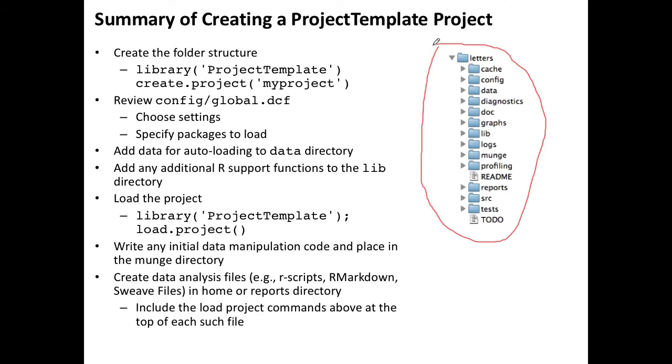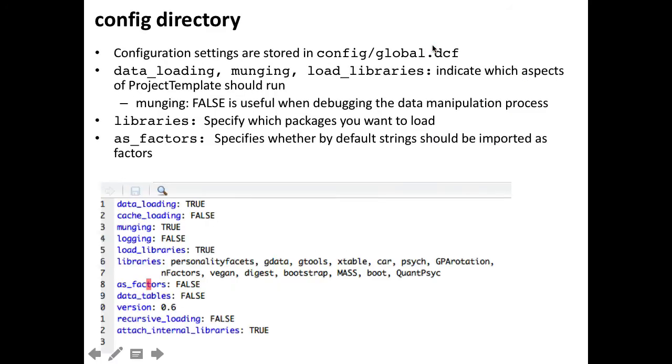It's a little bit scary from a security perspective, but if they don't have a particular package, it'll auto-install it and load it. So that's kind of nice. And there's a bunch of other settings. In particular, for a given run, you can control whether you run the data manipulation step or load the libraries. You can control what gets run when you load the project.